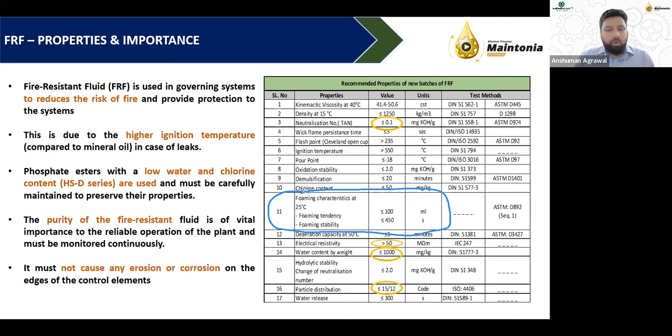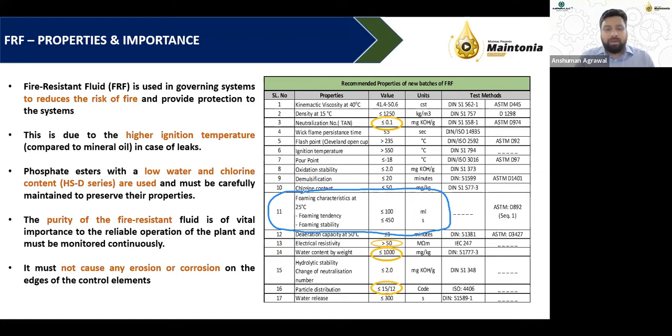So as a property, all these oils, lubricants or fluids have a defoaming additive. These defoaming additives ensure that even if there is bubble formation in your fluid, these bubbles won't sustain. By won't sustain, I mean they would suppress by themselves.